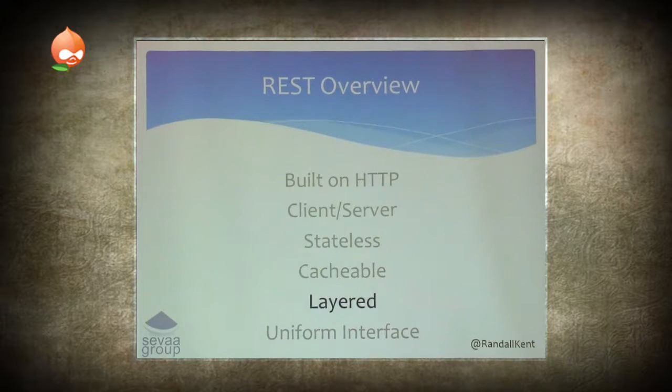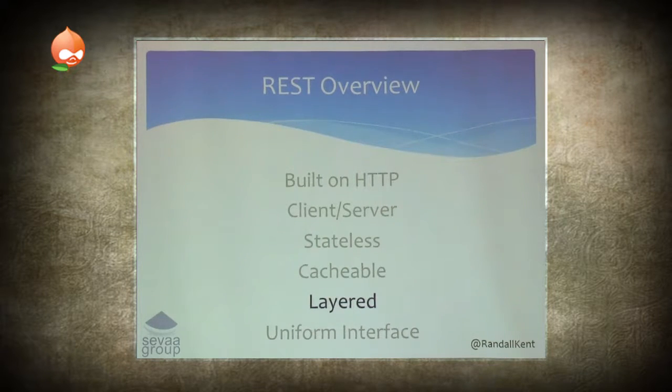And then the layered side of things sort of ties into caching, at least in my mind, because you're able to layer web services on top of one another, and by caching, you're really able to speed things up. For example, you can have your client send a request to a server, and that server is going to return a response.